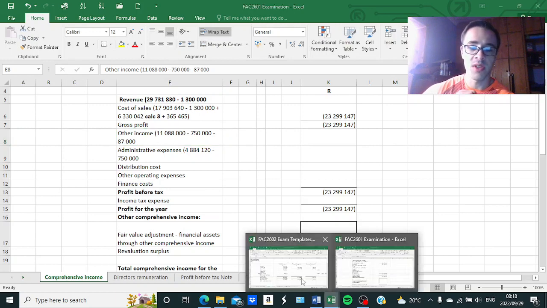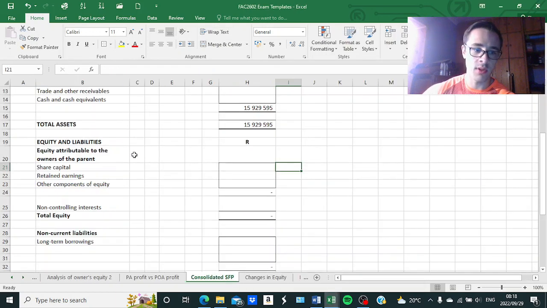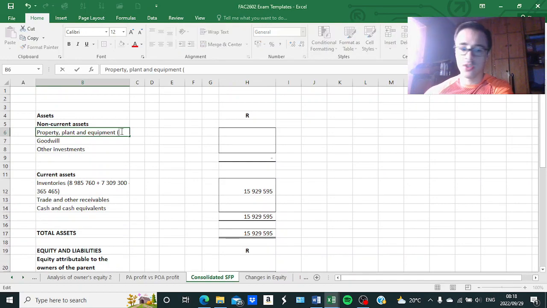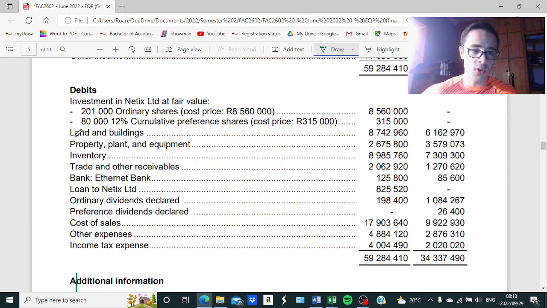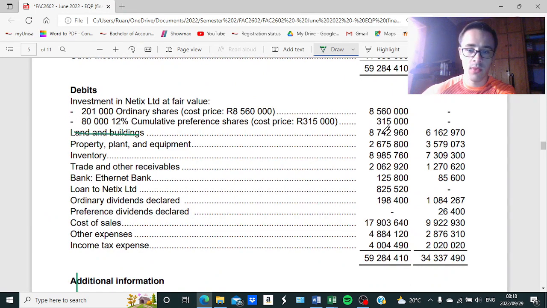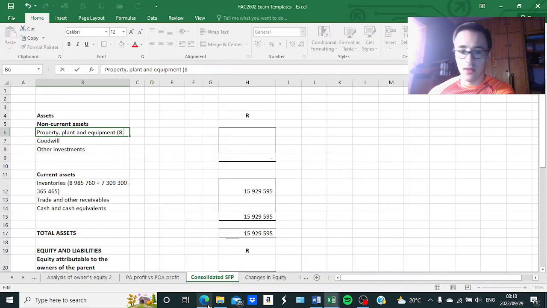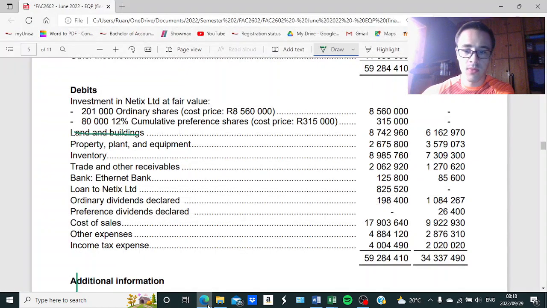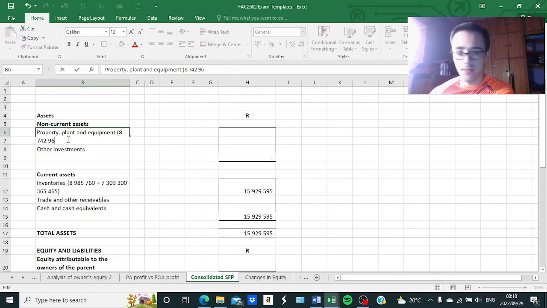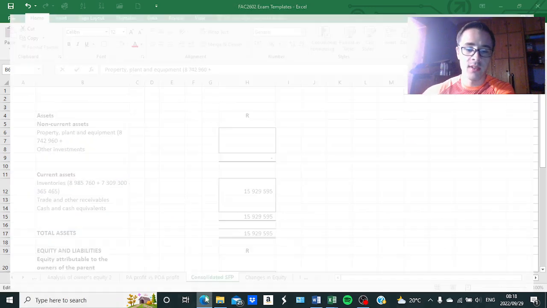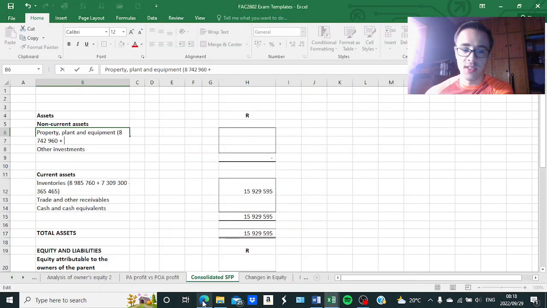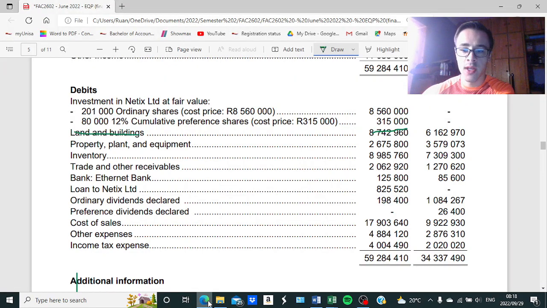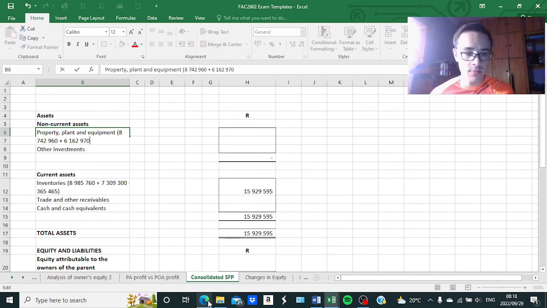And then for your property, plant, and equipment, we will go to the consolidated statement of financial position. So you will first start with the items as given in your trial balances. So we start with land and buildings, 8,742,960. Then we add 6,162,970.